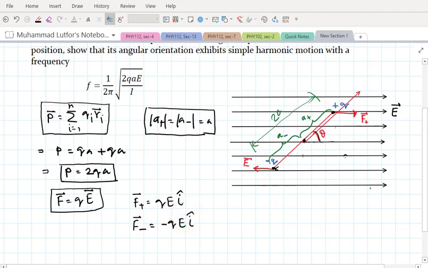If I choose this as my positive x, that means i hat, and this as my positive j hat, then this would be the plus and minus force.